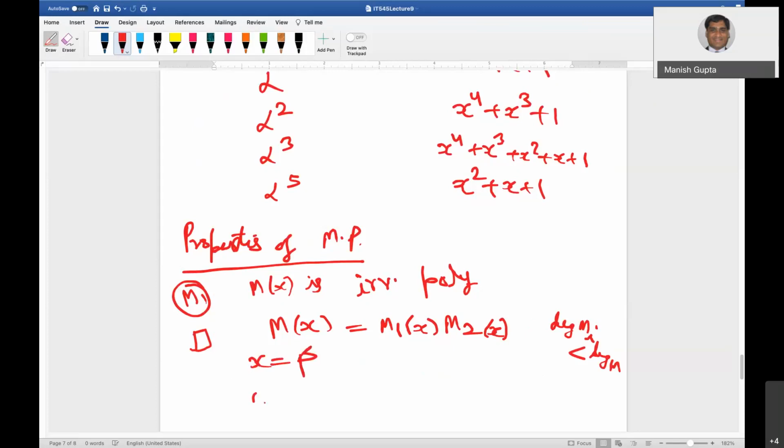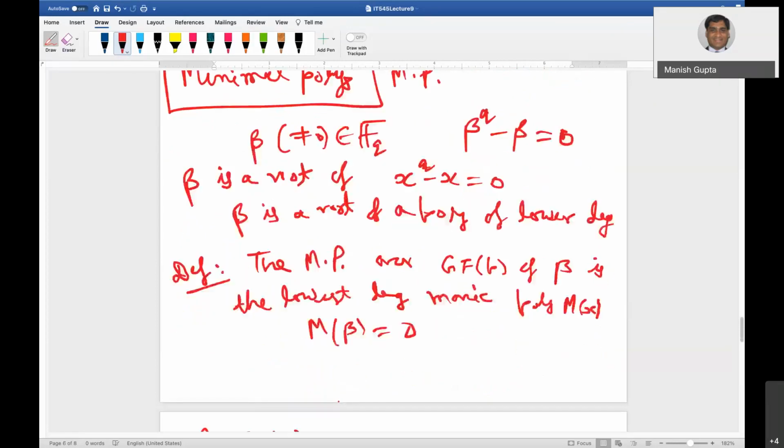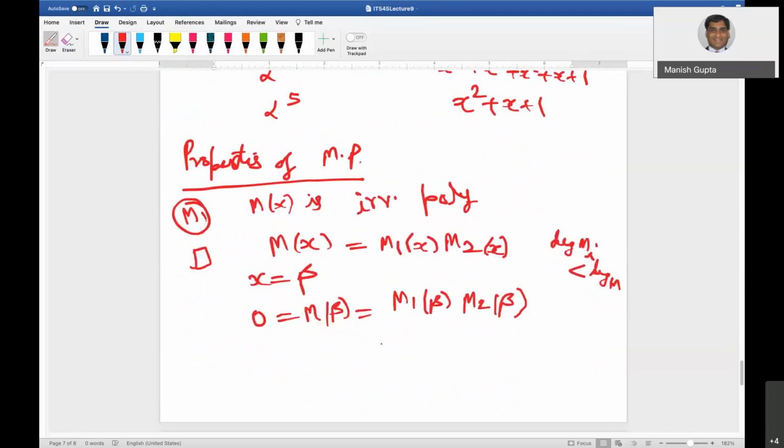So we will get m beta is equal to m1 of beta times m2 of beta, right? m beta is 0 because mx is a polynomial with beta as a root. That's the definition, right? So that means this portion is 0. This implies that either m1 beta is 0, or m2 beta is 0.